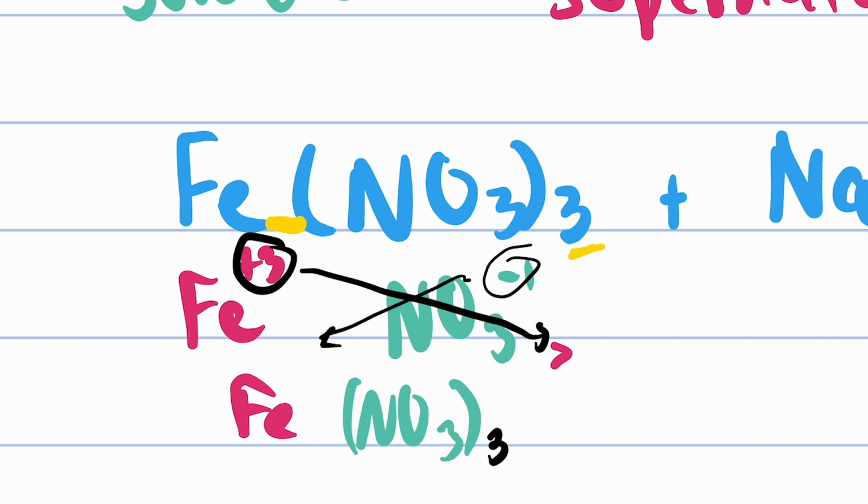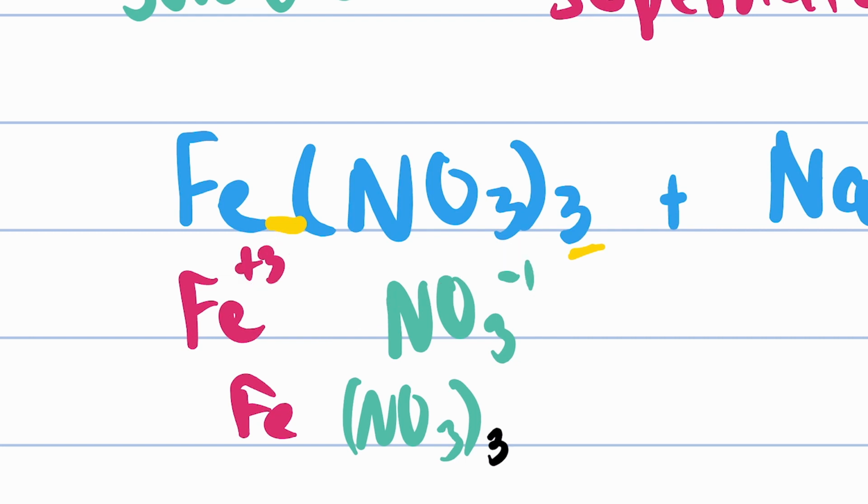Alternatively, when you figure out the charges, you could also look at this formula right here, right? And if you've memorized nitrate, you know that the charge is -1. So you could look at it and say, okay, I have 3 nitrates, so 3 -1s, right? Let me represent that in a little drawing. So I have NO3, NO3.